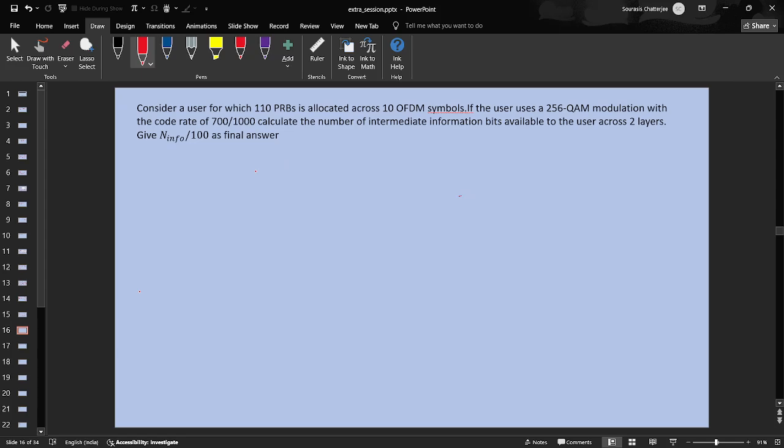So if we talk about the number of REs in one PRB across 10 symbols, we are getting 10 into 12, and 6 we are subtracting anyway, so it's 114.